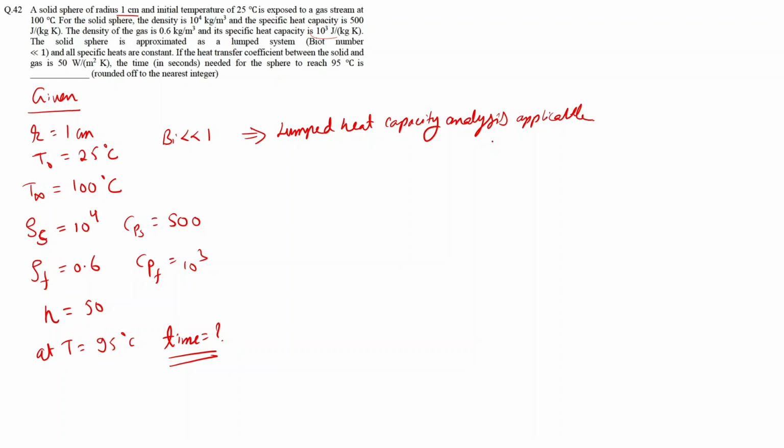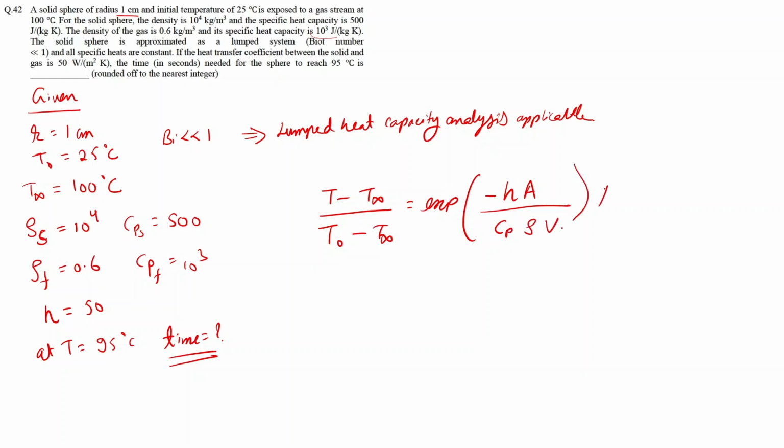So from the lumped heat capacity, we know that the formula of the temperature varying with time is given as T minus T infinity, that is my ambient air temperature, upon T naught, where T naught is my initial temperature of the solid body, minus T infinity, and this will be equal to exponential of minus h A upon Cp rho V into time.